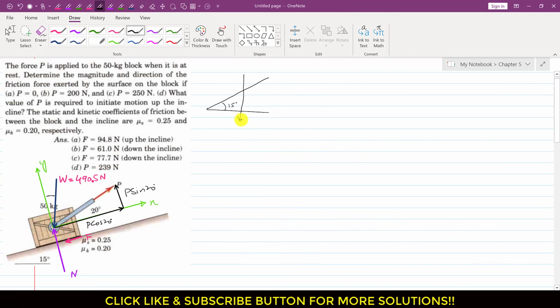This y-axis is perpendicular to this inclined plane, and this weight is perpendicular to the horizontal. So if the angle between the inclined plane and the horizontal is 15 degrees, the angle between the weight and the y-axis is also 15 degrees. So here we have the 15 degree angle.